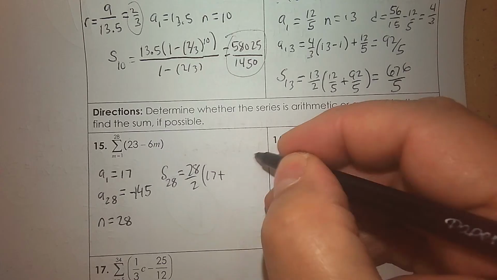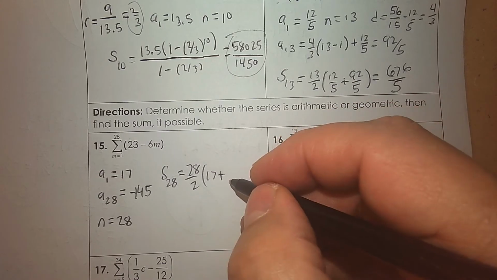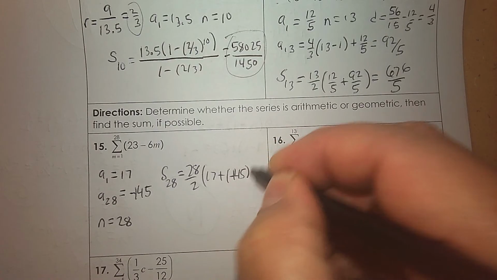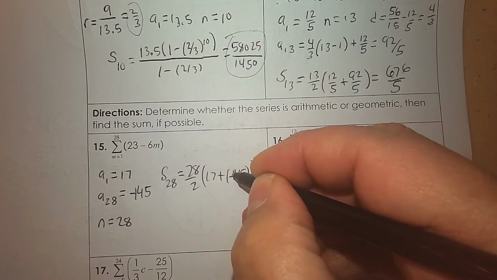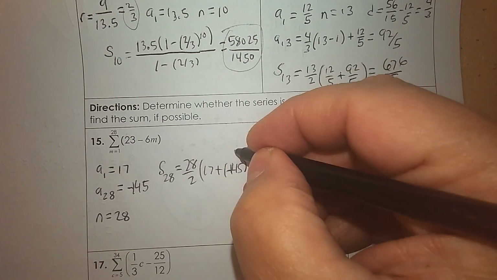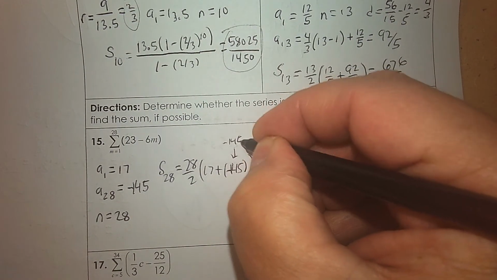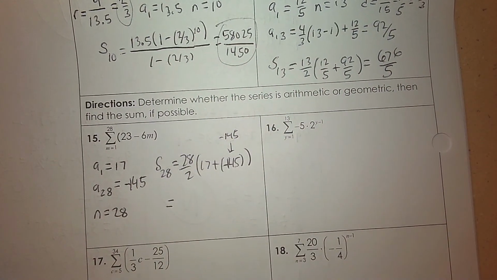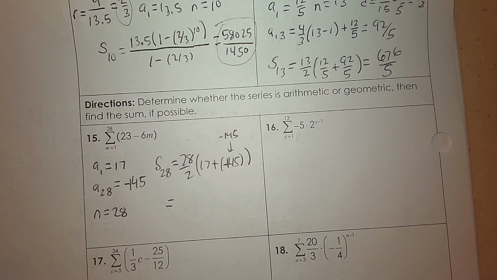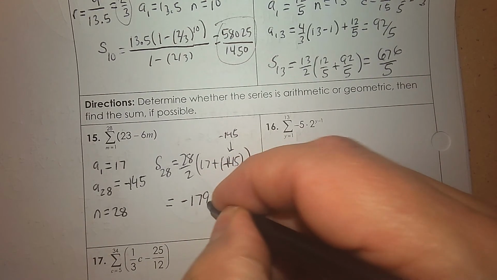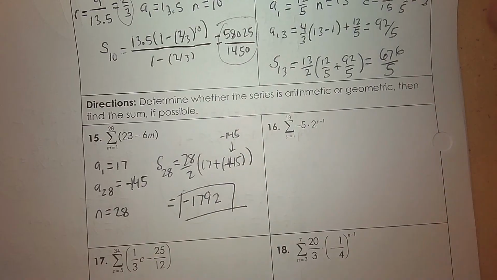Good, and we don't need to go plus, I did it too, but you could just go subtract, right? It would be the same. All right, use your calculator. That's negative 145. Tell me the answer. Negative 1,792. Perfect.